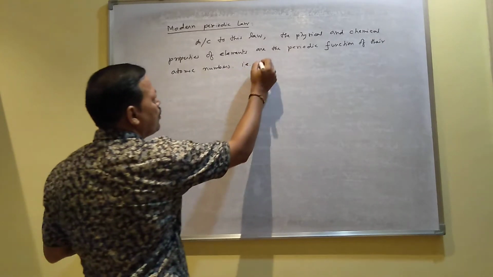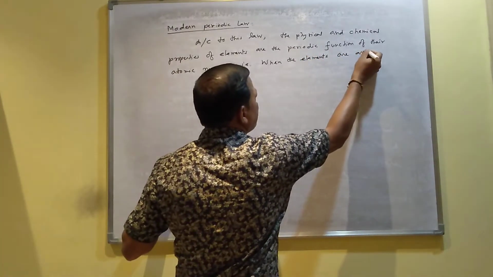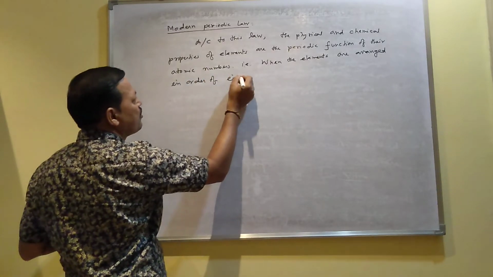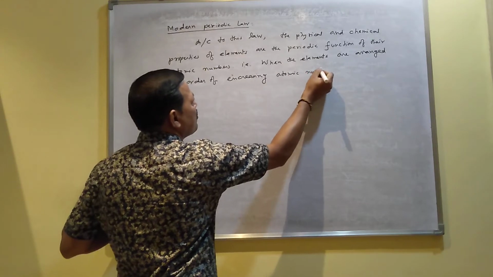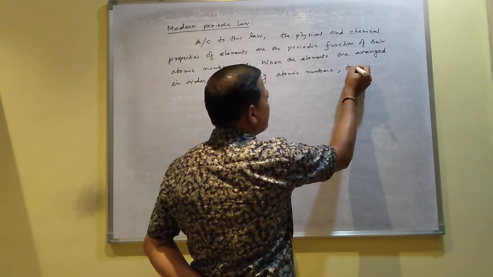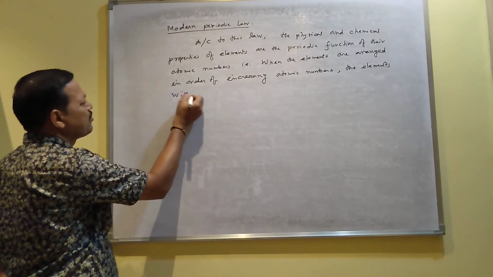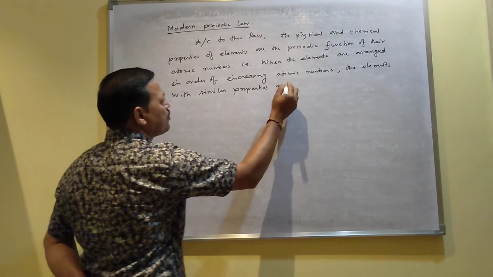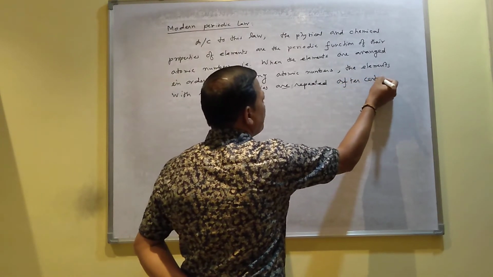That is, when the elements are arranged in order of increasing atomic numbers, the elements with similar properties are repeated after certain regular intervals.